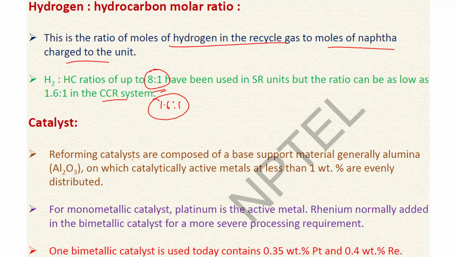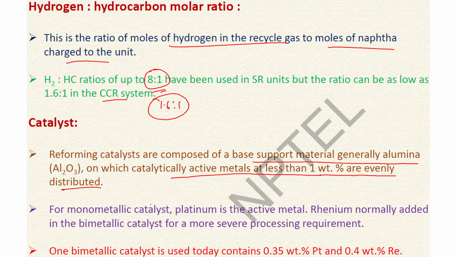Okay. Catalysts used: the reforming catalysts are composed of a base supportive material, alumina, on which catalytically active metals, at less than 1 weight%, are evenly distributed. Why less than 1 weight%? Because they are very expensive.